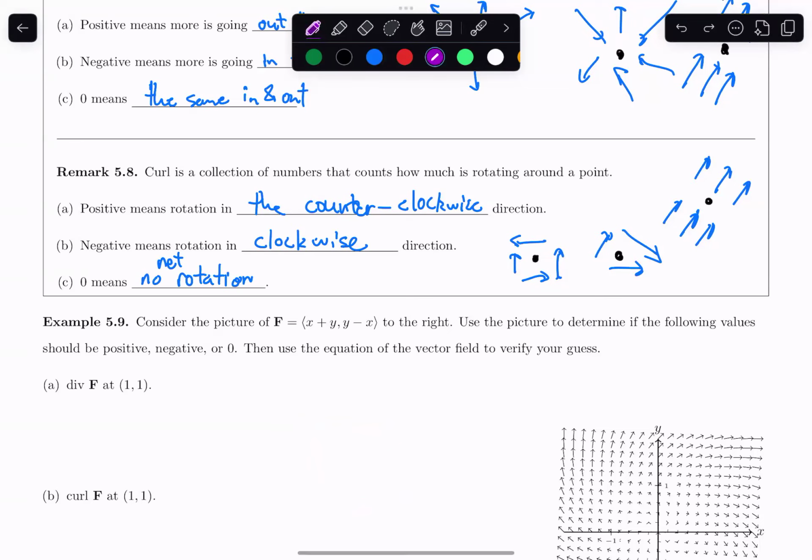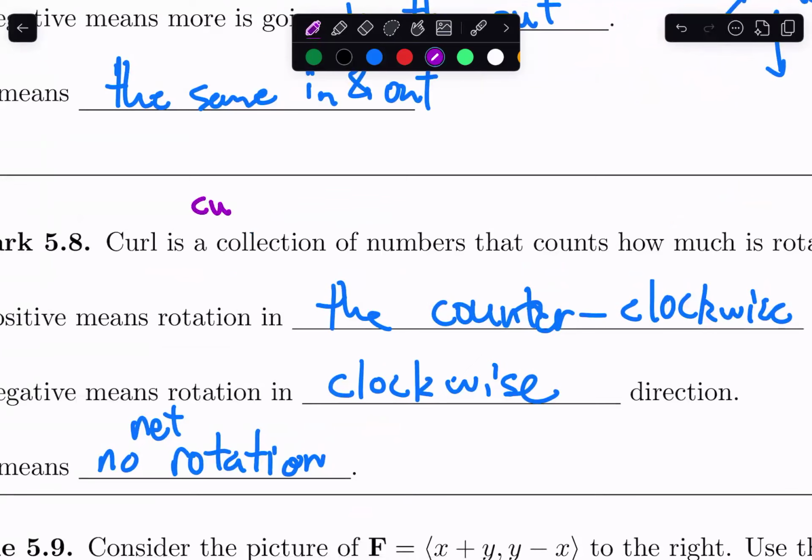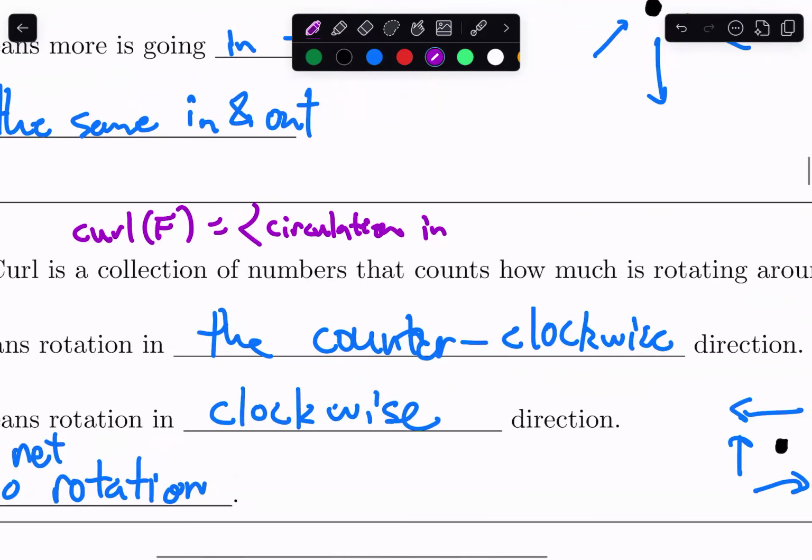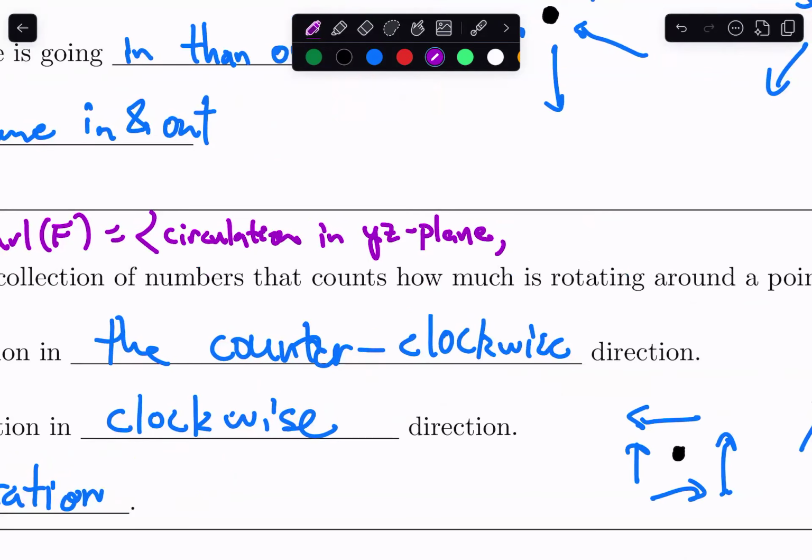As a side note, again, curl is this collection of numbers. Let me add to this really quick that in the x component, this is circulation in the YZ plane. Then in the second component, this is circulation in the XZ plane.